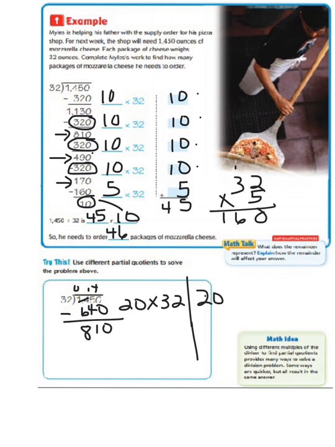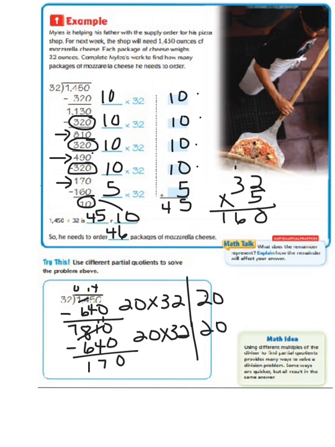We see our answer is still bigger than our divisor, so we could do another 640, which would give us another 20 times 32, and another 20. So 0, now we need to borrow 11 and 7, 11 minus 4 is 7, 7 minus 6 is 1.